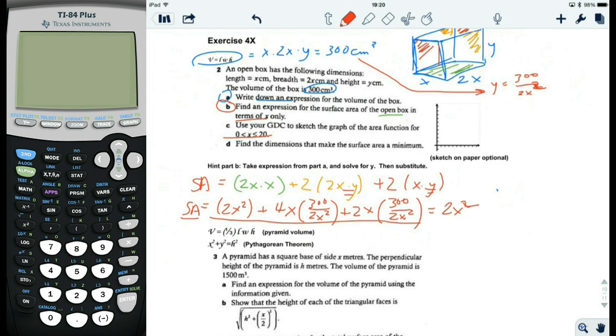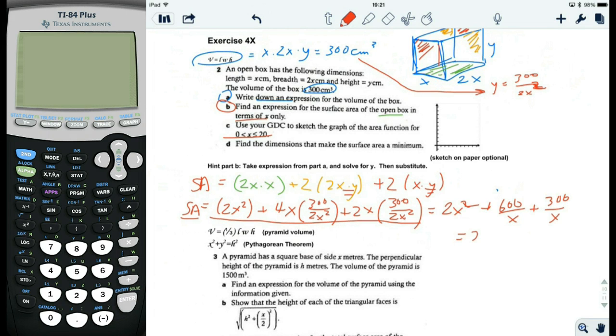We'll just put plus. So 4 times 300 would be 1200. Divided by 2 is 600. 1x. And then 2 times 300 is 600. Divided by 2 is 300. Divided by x.